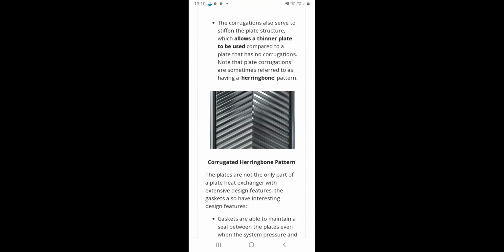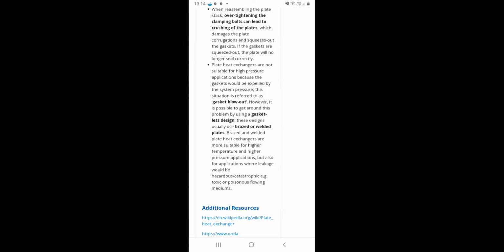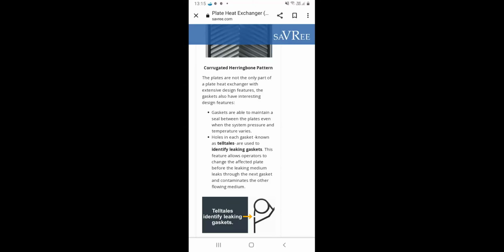These gaskets are able to maintain a seal between the plates even when the system pressure and temperature varies.